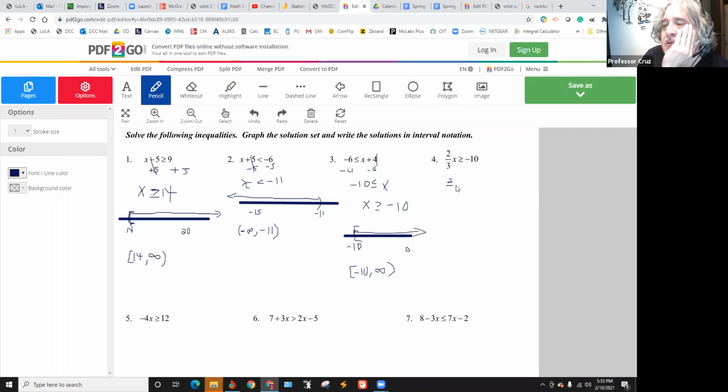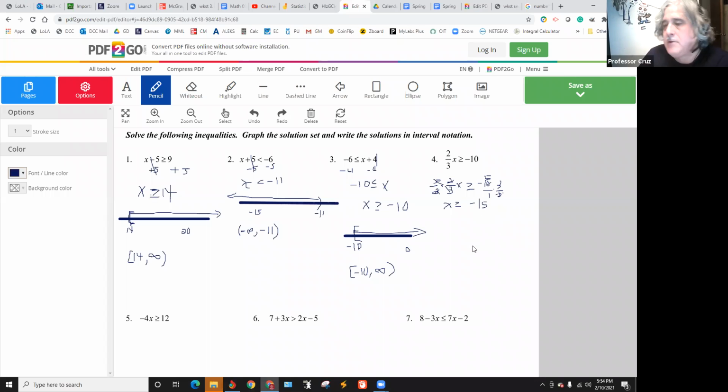So we're going to take 2/3 x, multiply by 3/2, and we also have to multiply over here. There are no negative numbers involved in the multiplication, so we don't have to change the sign yet. So these are just going to basically be 1. That's why we did it. So then that's right, -15. Good.